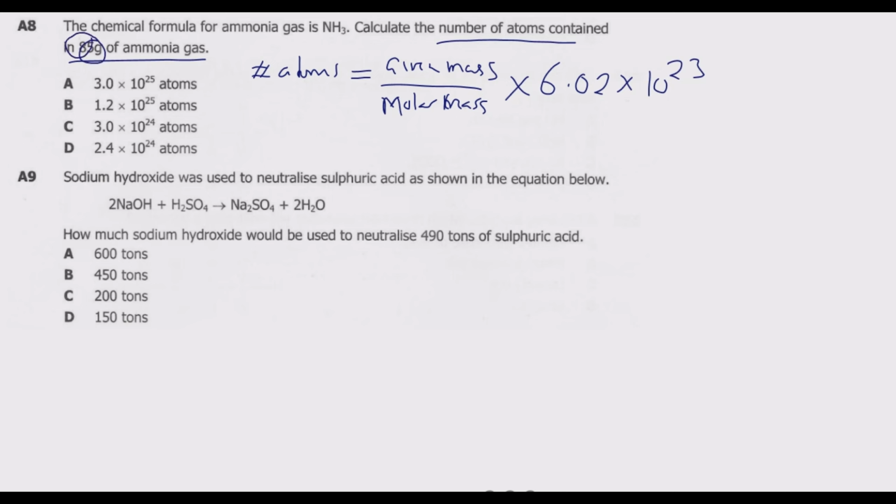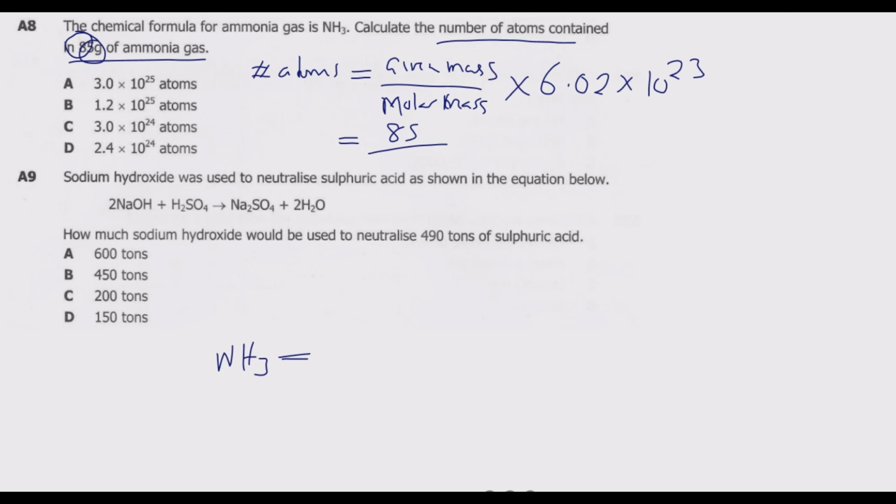How many moles are in this? So the given mass is 85, then over the molar mass. So when you look at ammonia, it is NH3.